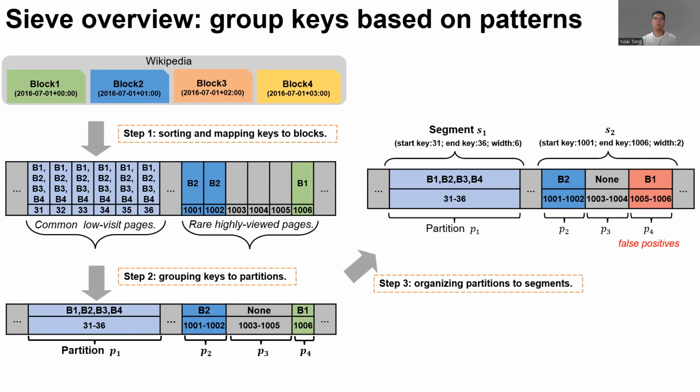While this process will introduce false positives, for example, when answering the query where count equals 1005, it significantly reduces the storage overhead. More specifically, since partitions in a segment are equal size, SAVE does not need to store the ranges of each partition. Instead, it only needs to store the start key, end key, and the partition size of the segment to locate partitions.